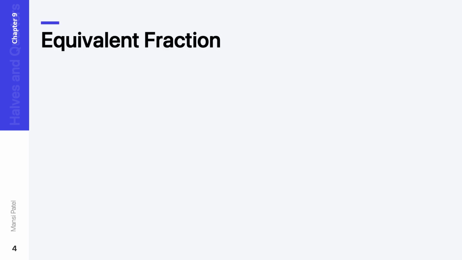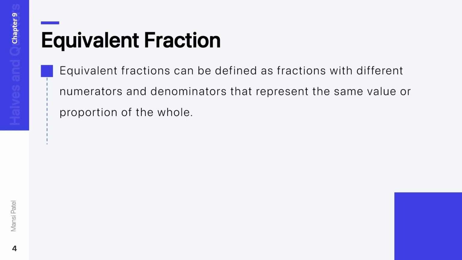Now let us see what an equivalent fraction is. An equivalent fraction can be defined as a fraction with a different numerator and denominator that represents the same value or the same proportion of a whole.